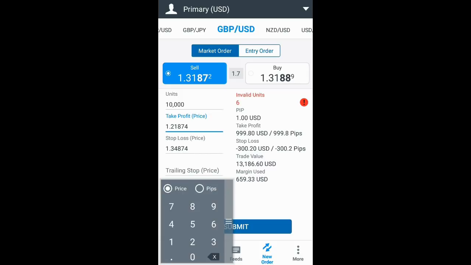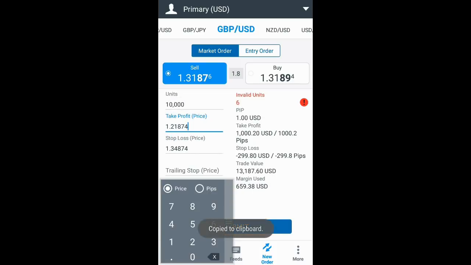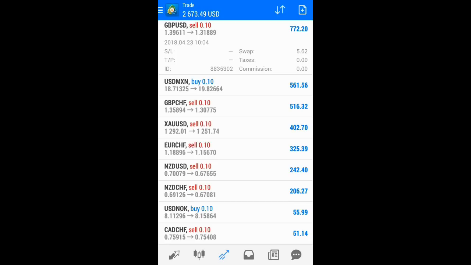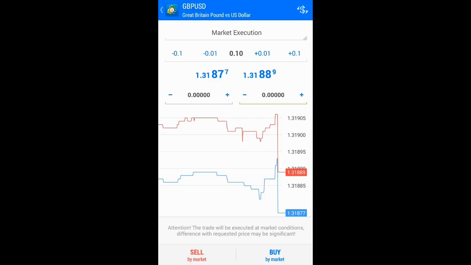Let's go ahead and copy my take profit. I'm going to highlight that and hit copy, or you can write it down, whatever works best for you. Then I'm going to go to MetaTrader 4 and click at the bottom left. I'll click on pound versus US dollar, GBP USD, new order.